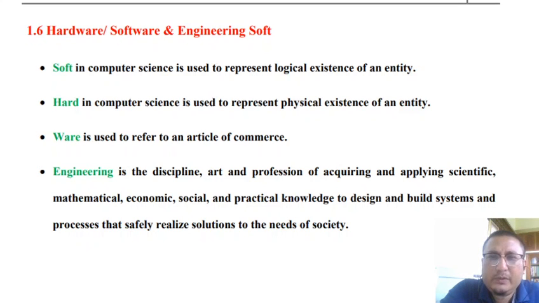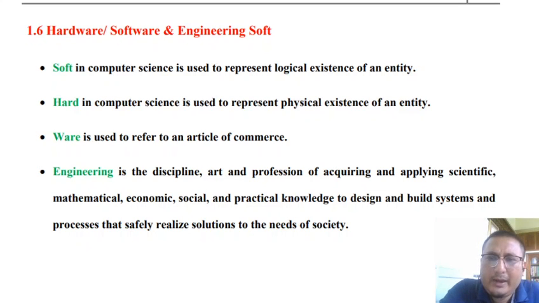Because whenever you are engineering a product, you need sufficient knowledge about what the product should look like, what it should do, and what it is expected to do in future, because you need adequate knowledge about what is to be built. So that's why the term acquiring is placed in here. It is the art and profession of acquiring.